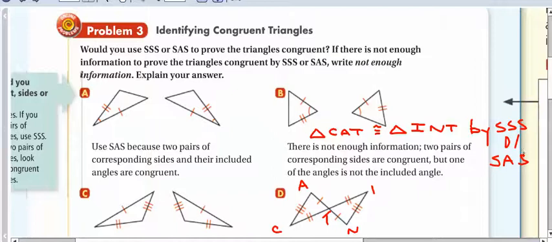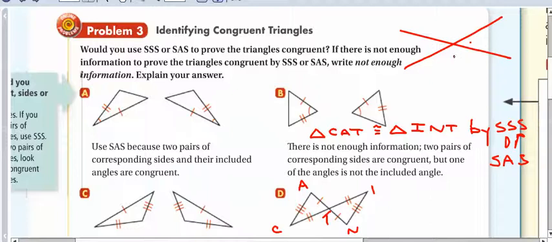Or, that's an or. My board's acting out. You know that they're vertical. They don't have to put an angle mark. If you see this, that angle's congruent to that angle, isn't it? I don't have to put the mark there. They're vertical angles.